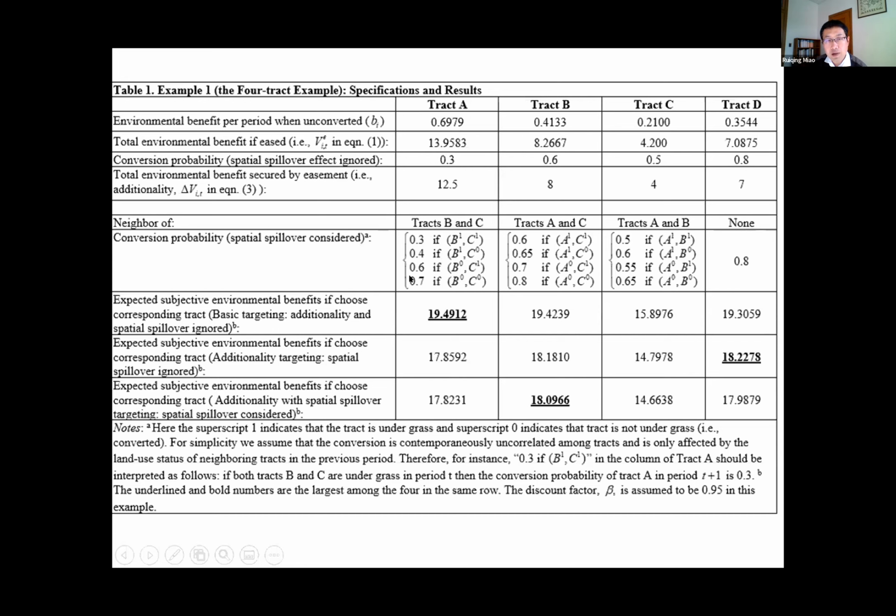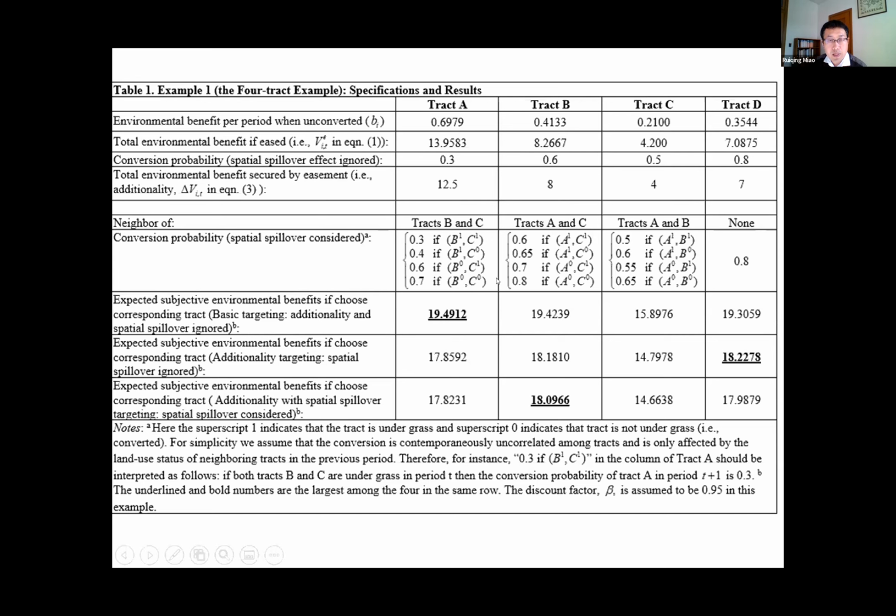To solve this optimization problem, the easement manager's goal is to maximize the environmental benefit obtained from purchasing a grassland easement. He or she has a fixed amount of budget for each period. For each period, she can only purchase one parcel of land. That's our simplified assumption.